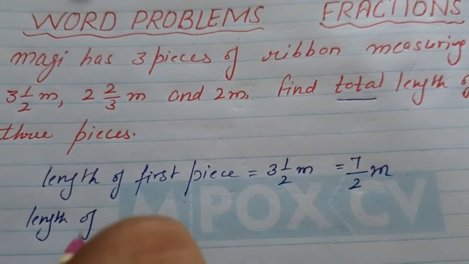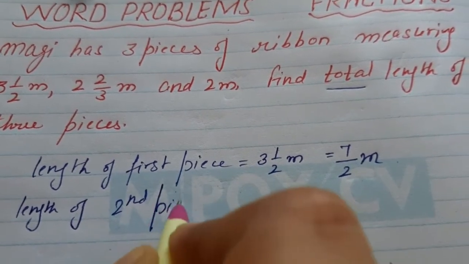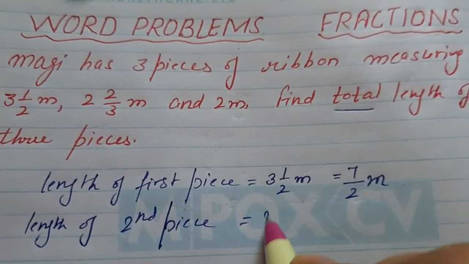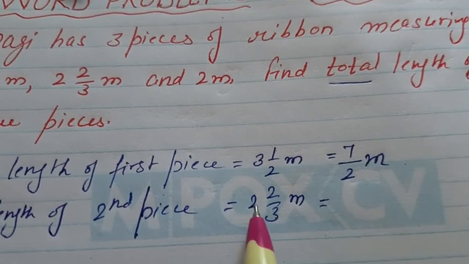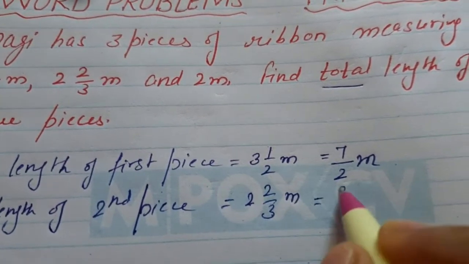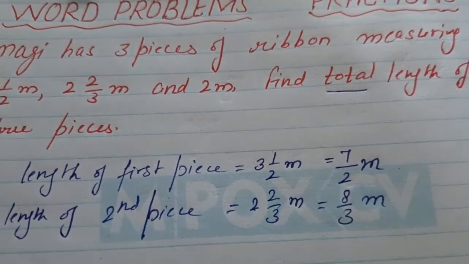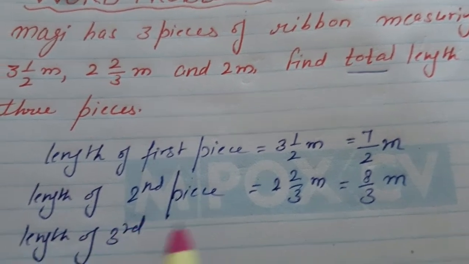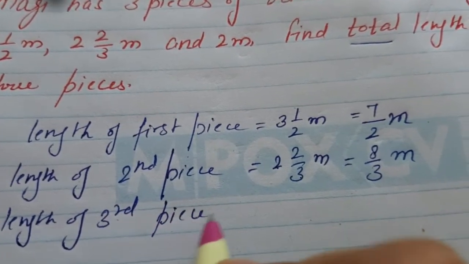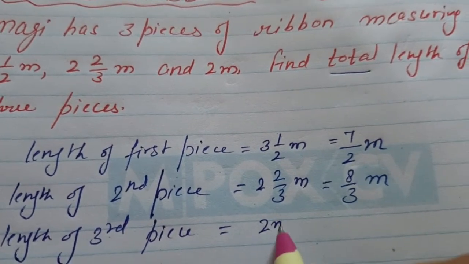So length of second piece, that is 2 and 2 by 3 meters. 3 2s are 6 plus 2 is 8 by 3 meters. And length of third piece, that is 2 meter.